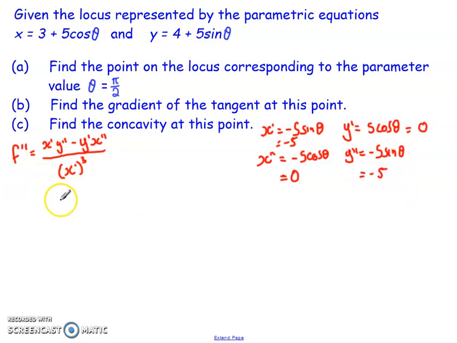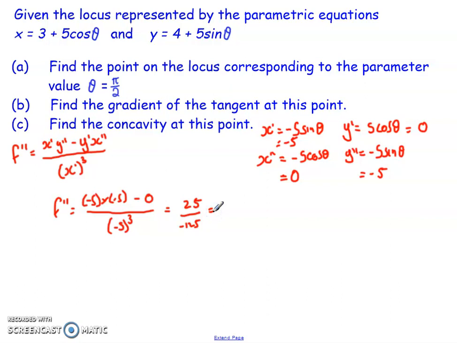So if I put all this in the formula, my second derivative, f double dashed, is going to be equal to negative 5 times negative 5, take away 0 times 0, so take away 0, all over my first derivative cubed, so negative 5 cubed. So what that's going to do is give me 25 over negative 125.